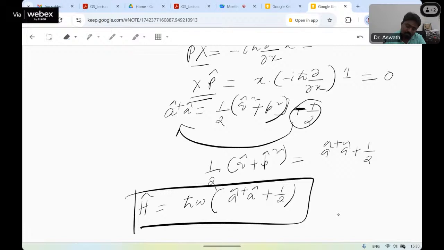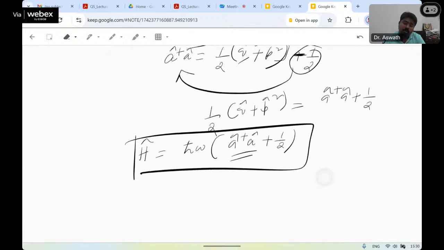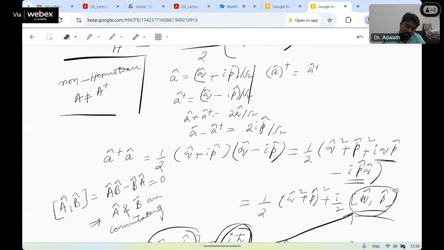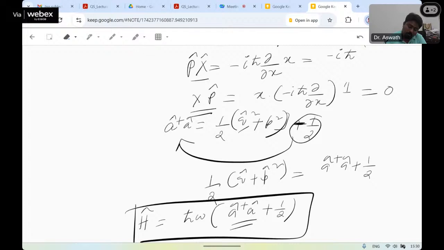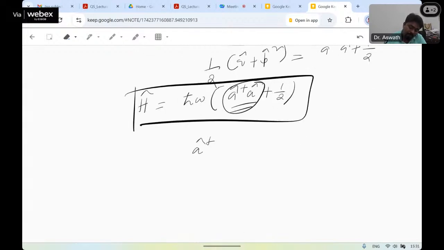Simplified. Now the second order terms have disappeared and I have a product of two non-Hermitian operators. I know some information about non-Hermitian operators: what is their product, what is their sum. I am finding those out one by one. One more thing: this a dagger a, I can name a number operator. Why am I calling it a number operator?